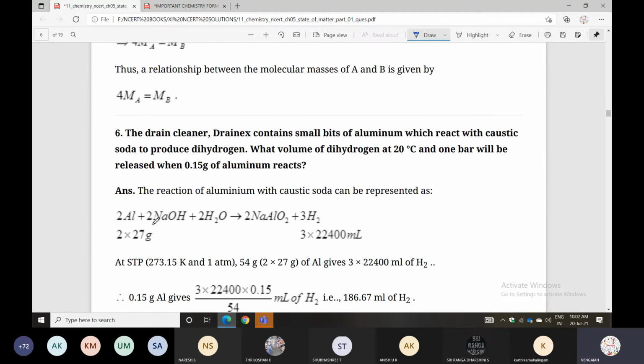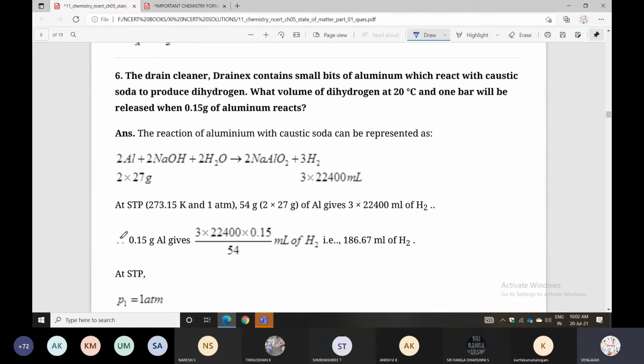Listen, I already told you: metal plus base gives salt plus hydrogen. One more point, every metal does not react with base. Only a few metals like silicon, aluminum, lead react with base. So metal plus base gives salt plus hydrogen gas.